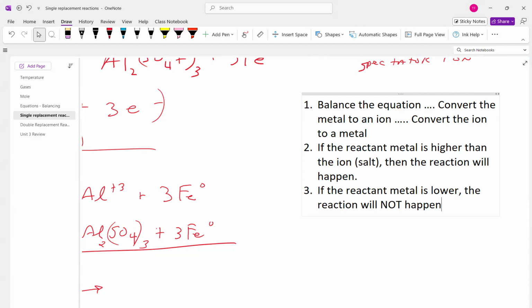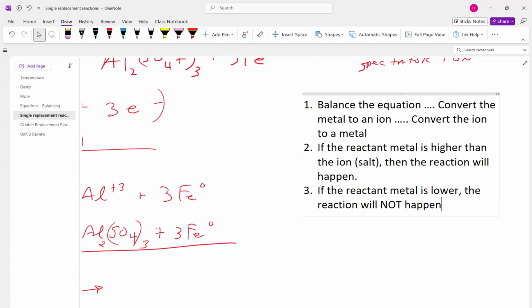Step number one. Step number two is find the metal on the activity chart in relation to the ion. If the metal's higher, it's going to happen. If it's lower, it's not going to happen. So you can practice this a lot today in lab.